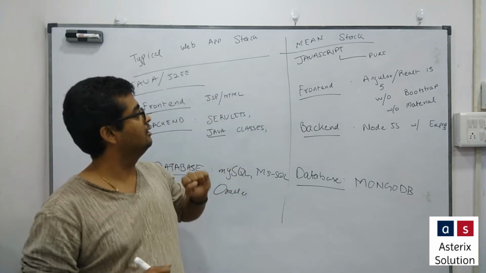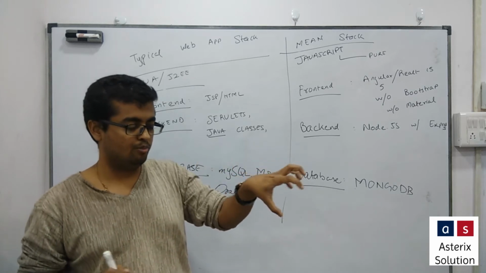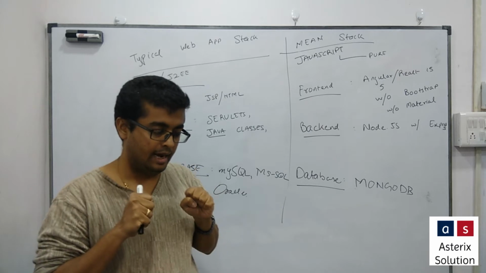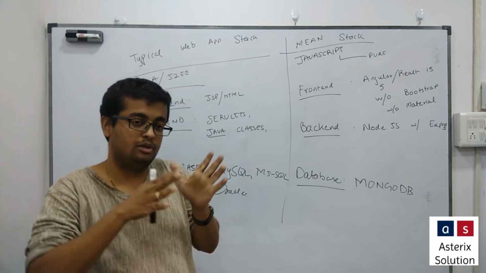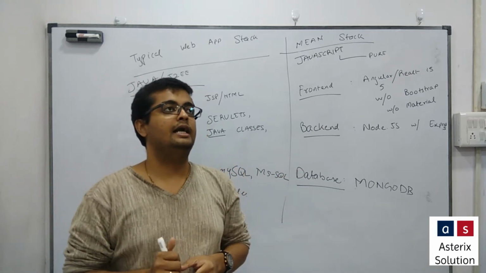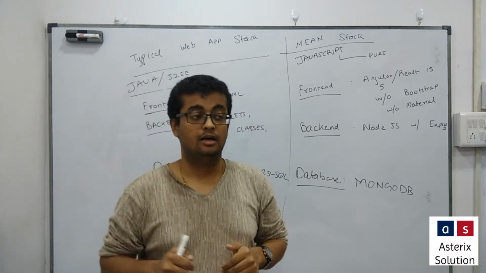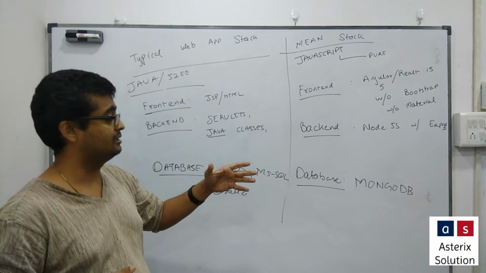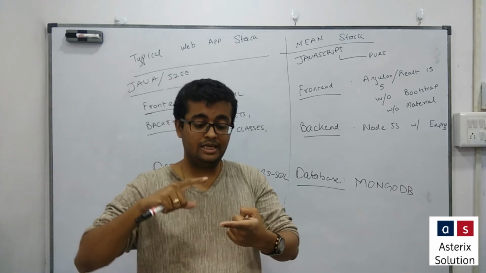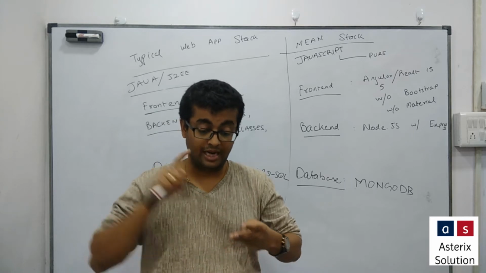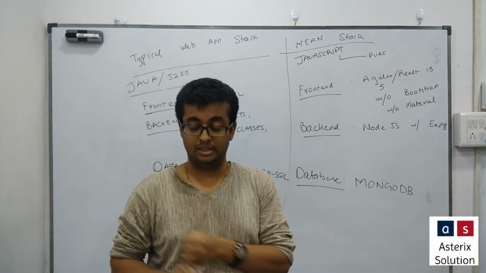Ryan Dahl removed the JavaScript engine from Google Chrome and developed some more wrappers around it, giving OS level access to that engine. When I say OS level access, you need access to the file system, to the sockets, and to read and write data to the disk.